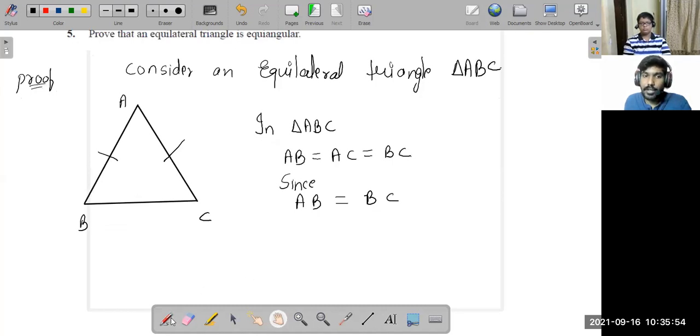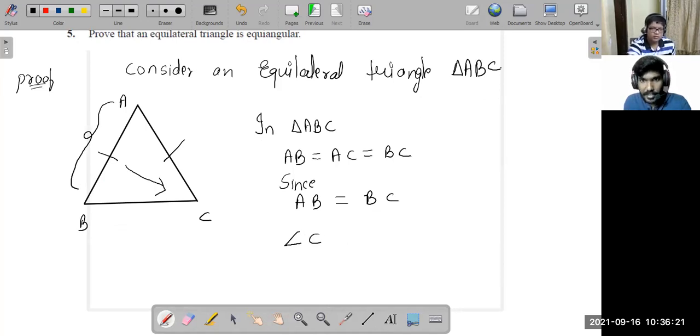angles opposite to them will also be equal to each other. Now, which is the angle opposite to side AB? Angle C. I made a mistake.